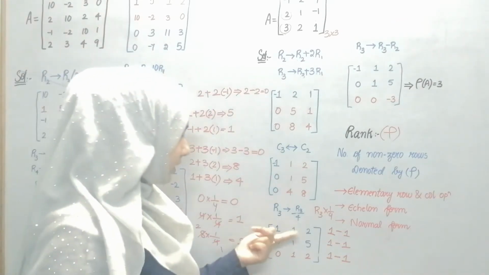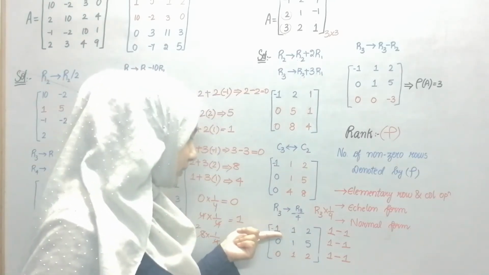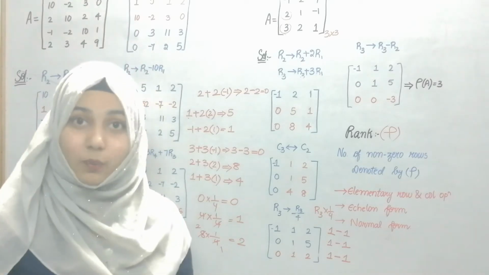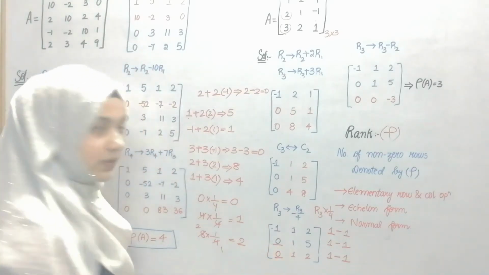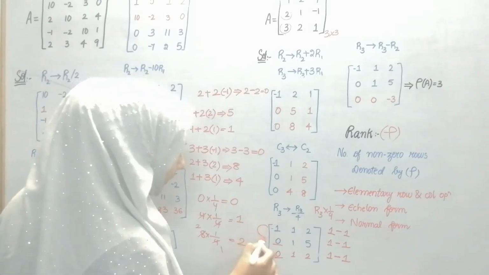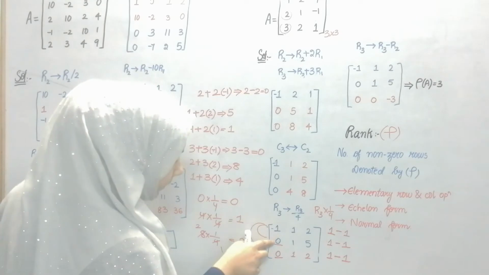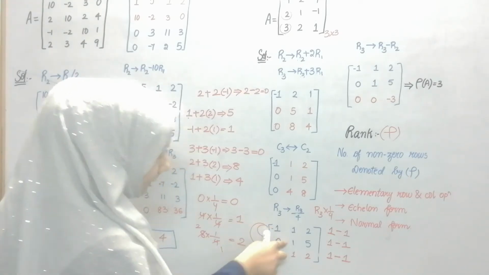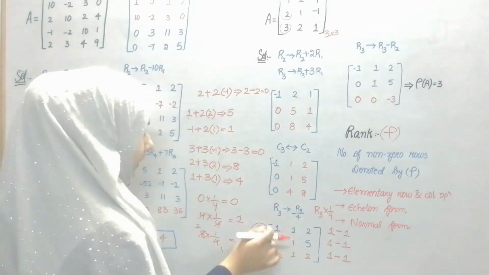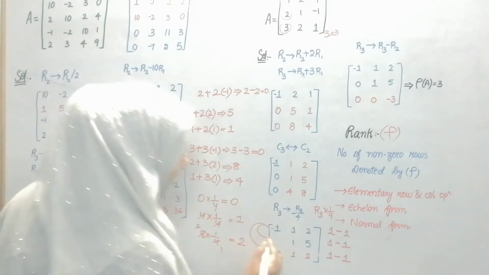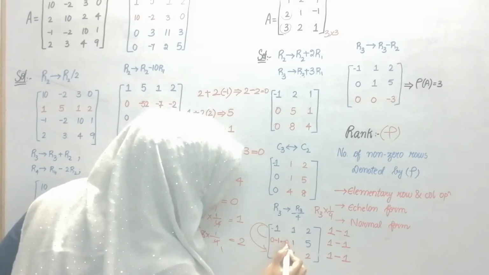But notice this, I cannot subtract row 1 with row 2, and I cannot subtract row 1 with row 3. Why? Because this term is 0 and this term is also 0. If you subtract row 1 with any of these, these elements will become 0, but what happens? 0 minus 1 will be minus 1. If I'm subtracting row 2 with row 1, row 2 is 0 and row 1 is minus 1, so 0 minus 1 is minus 1.